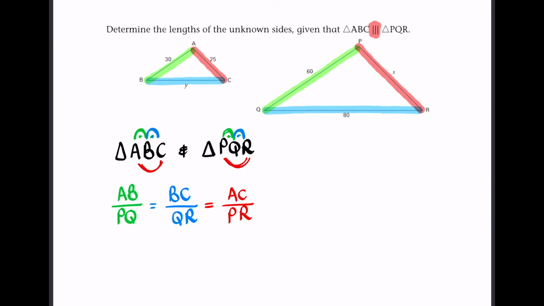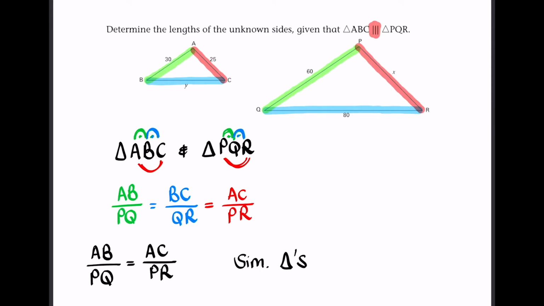So now, if I want to determine the length of the unknown sides, I would say that in my diagram, I have AB over PQ, and that would be equal to, and I'll start with X, AC over PR. Now why would I be able to state that? Because I have similar triangles.